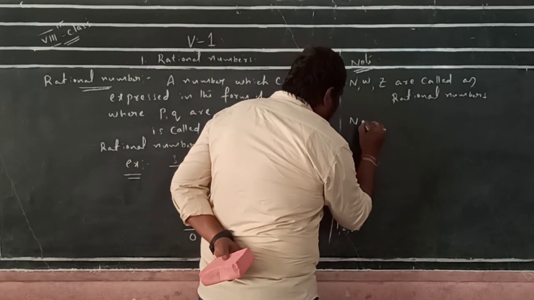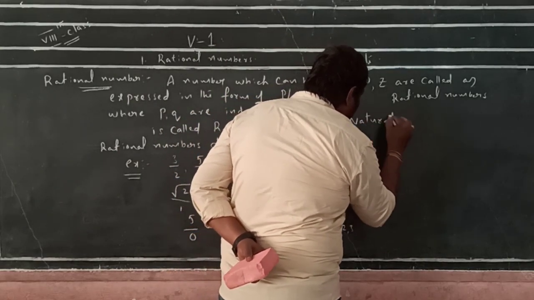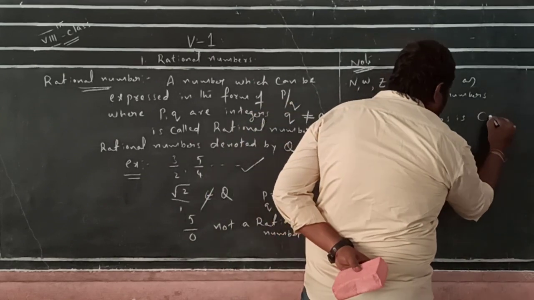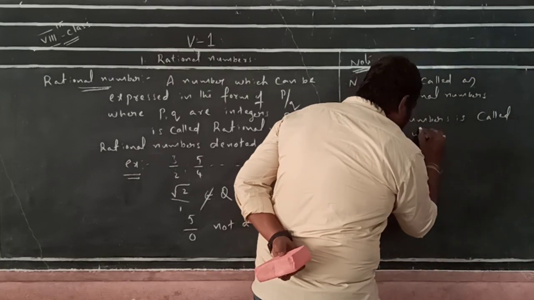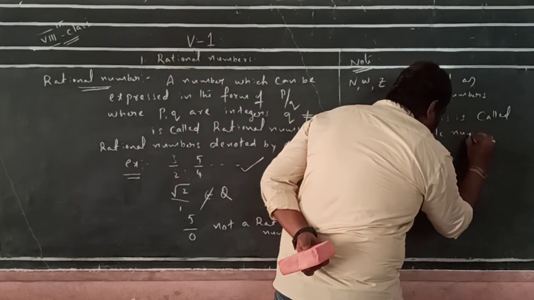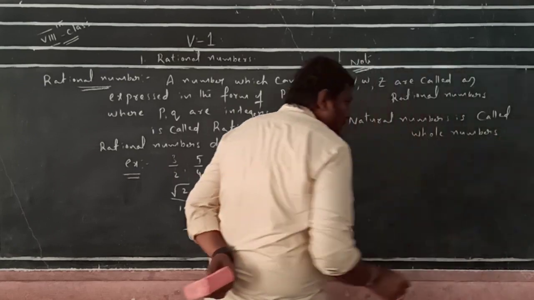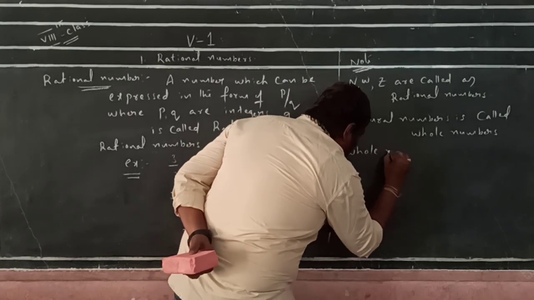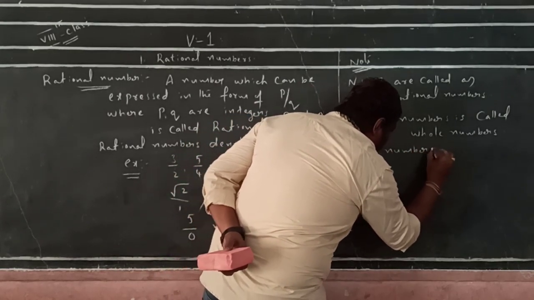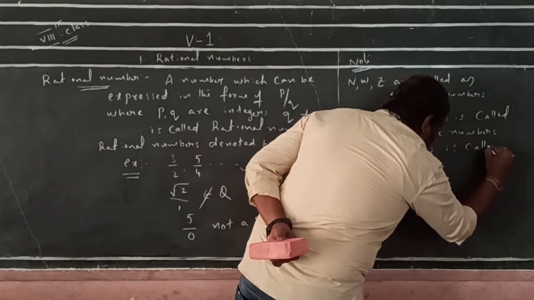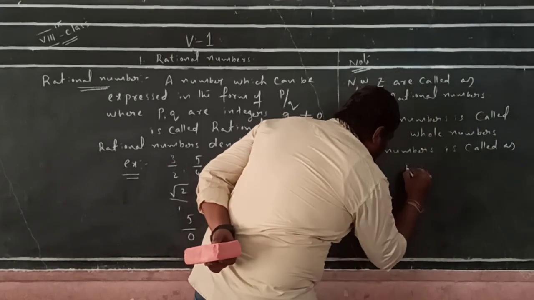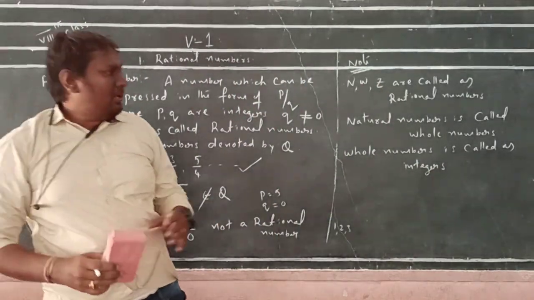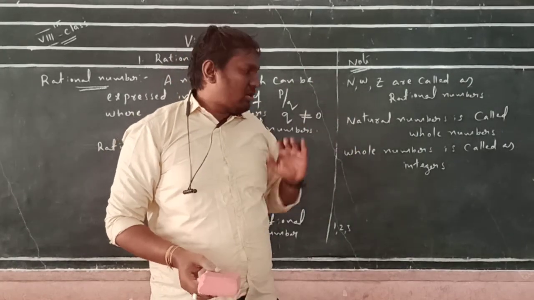Natural numbers are a subset of whole numbers, which are a subset of integers.